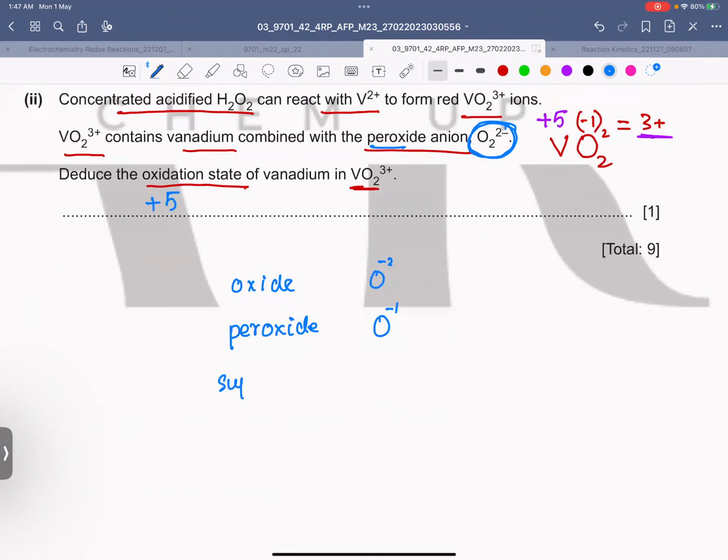And whenever in the name it's written as superoxide, then remember that the oxygen over here has an oxidation state of -half. So as it's a peroxide, they have written that O2 has a -2 charge. So it means each oxygen has a -1 charge over here. Is this clear?